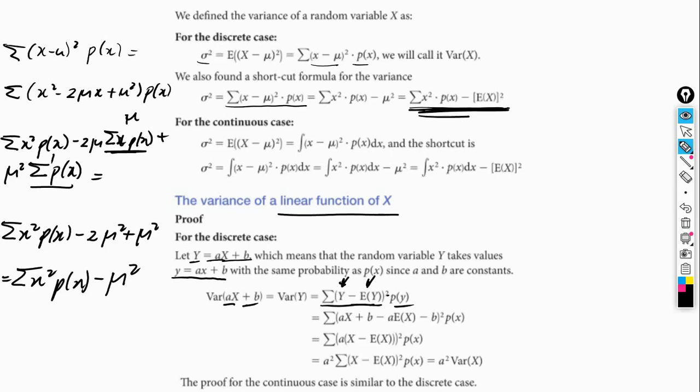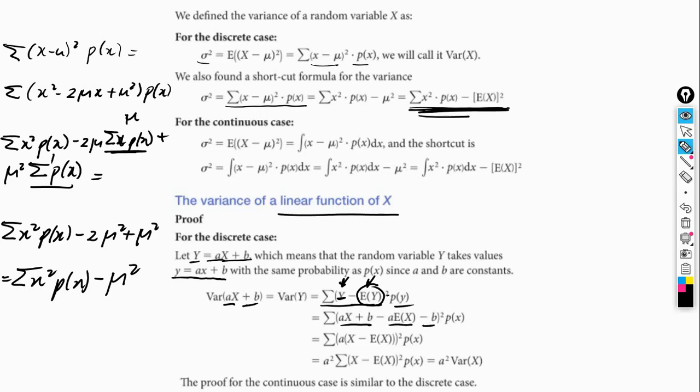But if we rewrite this in terms of x instead of y, notice that this y here equals this, and then this is simply the previous definition that we found in the previous slide, where the expected value of ax plus b is going to be a times the expected value of x plus b.